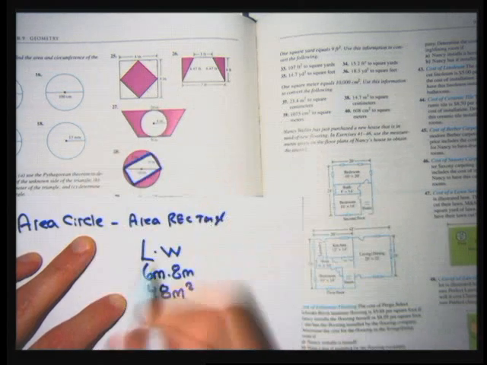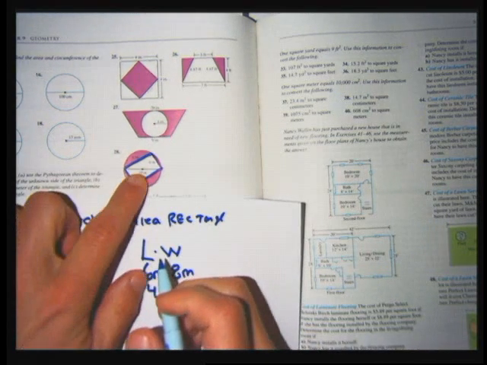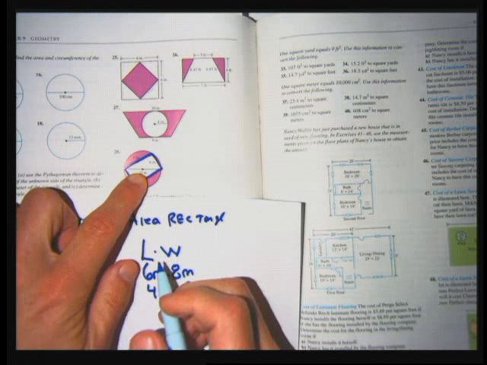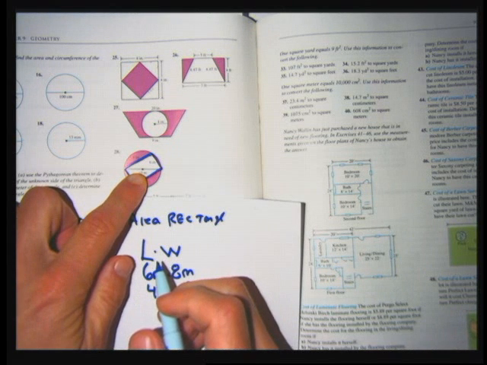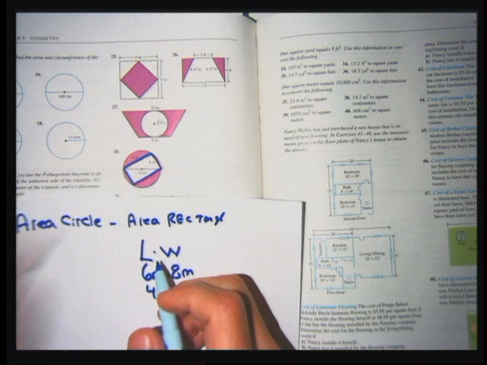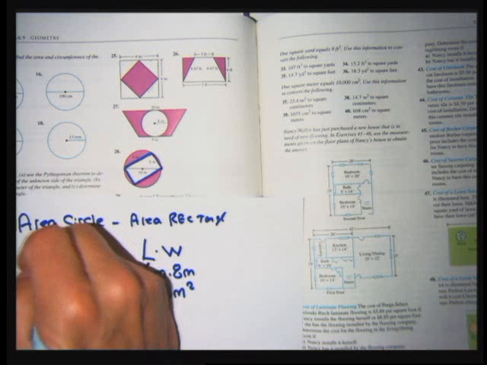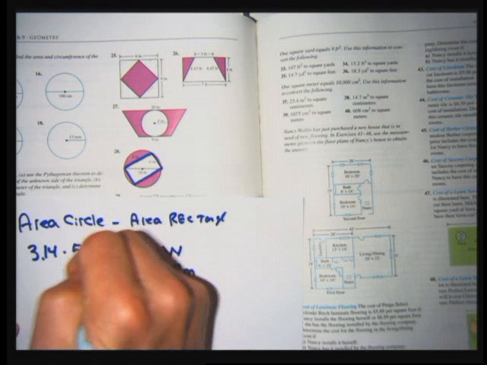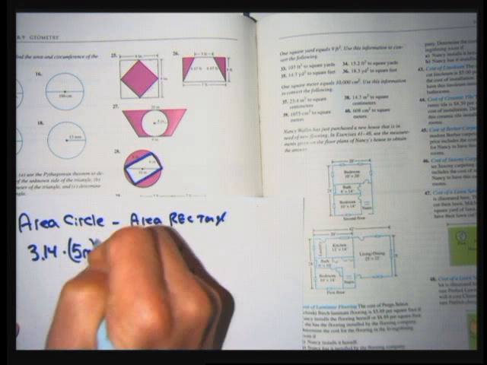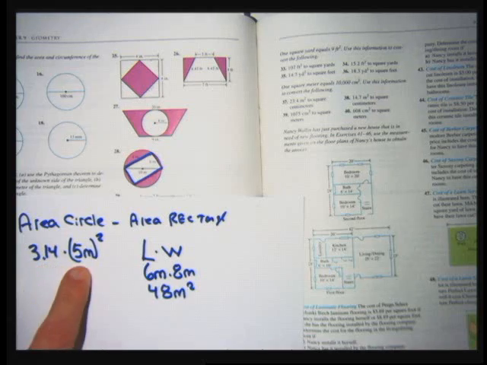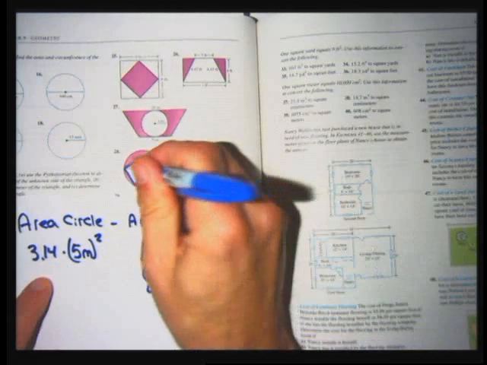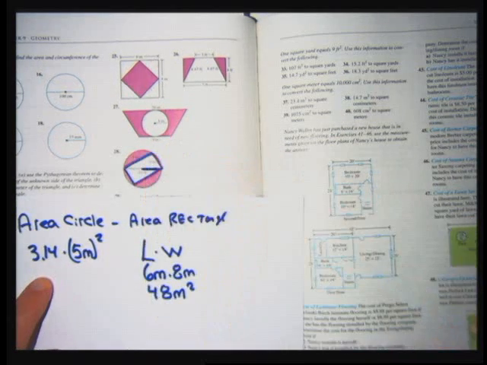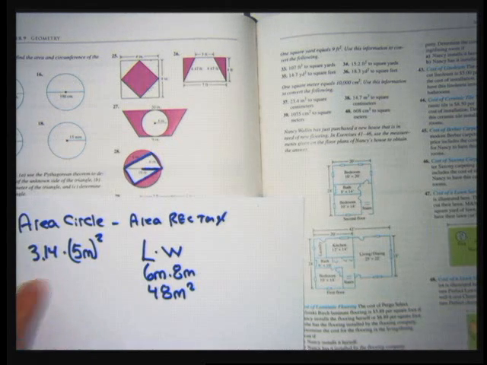The area of the circle is pi r squared. I see the 10 meters as the diameter. Half the diameter is the radius, so the radius is going to be 5. The area of the circle is going to be pi, which is 3.14, times r squared. That's going to be times 5 meters squared, because the area of the circle is pi r squared. The r is the distance halfway across the circle, which is half the diameter, which is going to be 5.